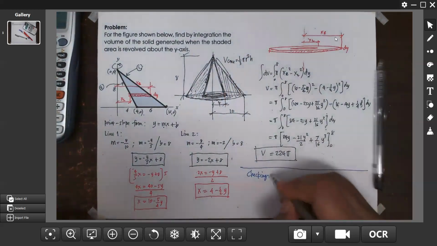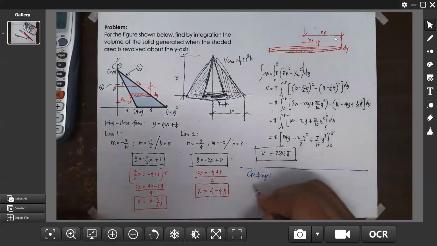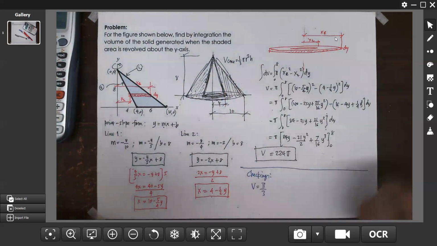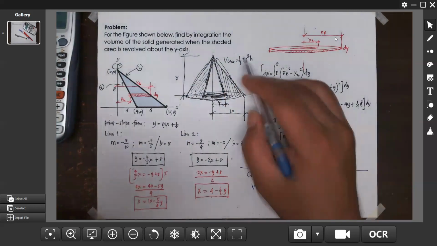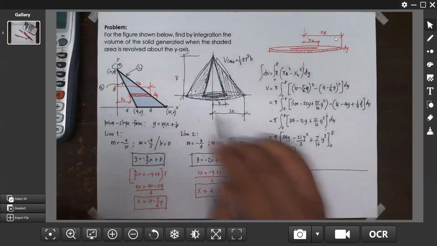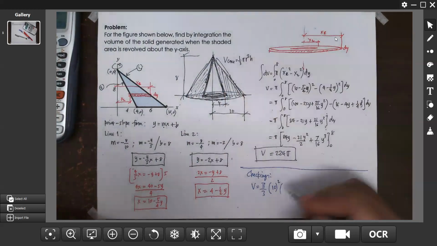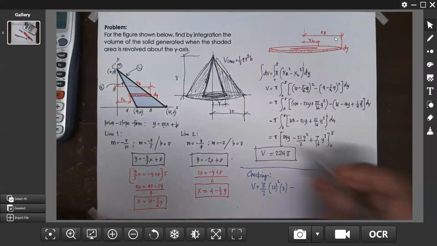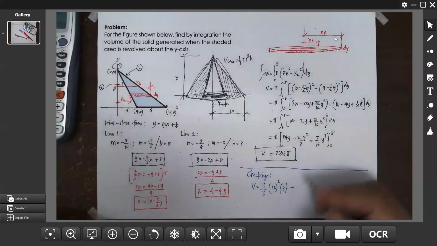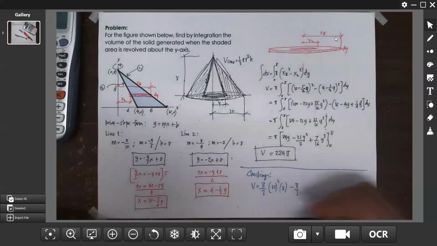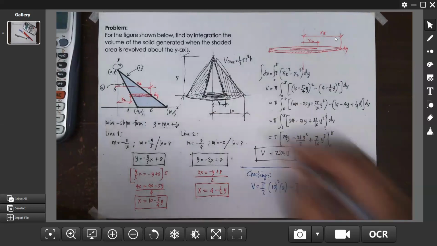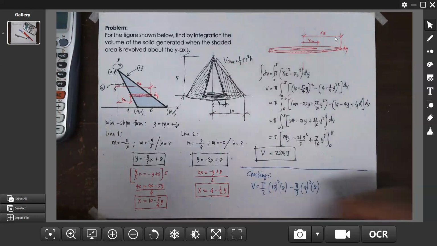Therefore, to check, the volume is pi over 3 times outer radius 10 squared times height 8, minus the smaller cone, pi over 3, inner radius 4 squared, height 8.